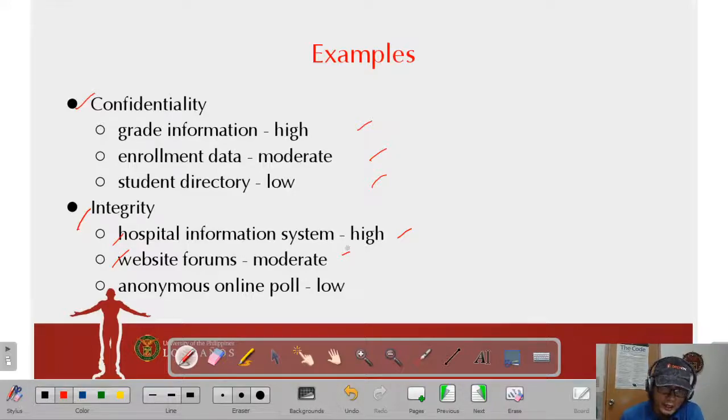Then the last one is an anonymous online poll, where a violation of integrity does not really have a big impact, because the data in online polls usually are not treated seriously.